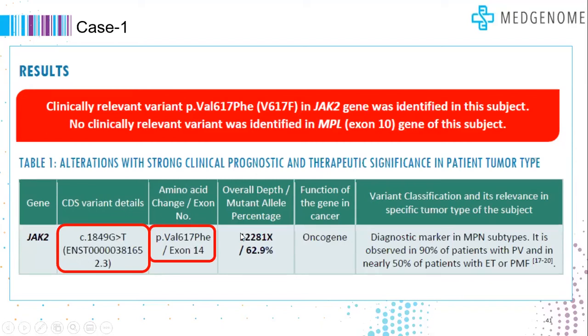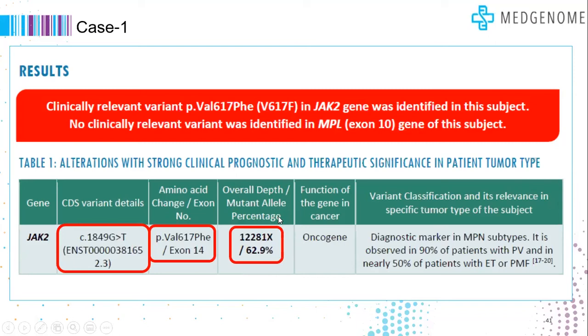Then we give the depth. Here is where you can identify the read depth of that particular mutation. Here the depth we have achieved is 12,281x. In other words, this particular region of the gene is sequenced 12,281 times in our assay.